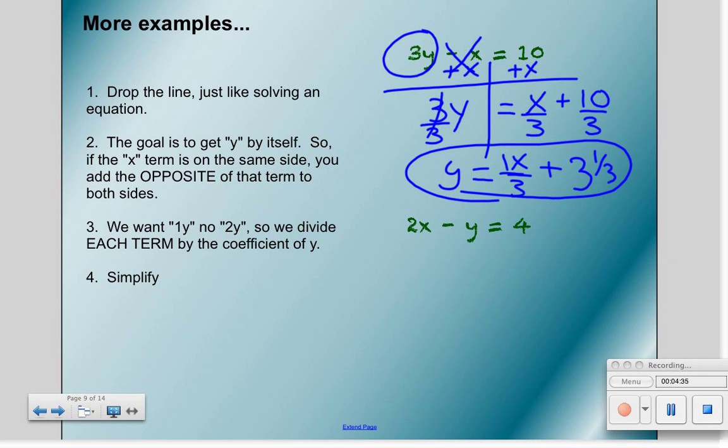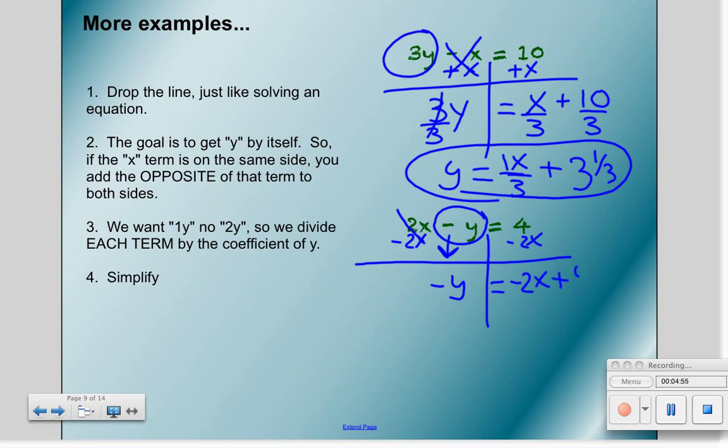Next, here's my y value. The 2x is positive, so I'm going to subtract 2x. Okay? Be careful. Some people forget about this minus sign. That makes my y negative. My negative 2x I'm going to put first. My 4 is positive, so it's plus 4.